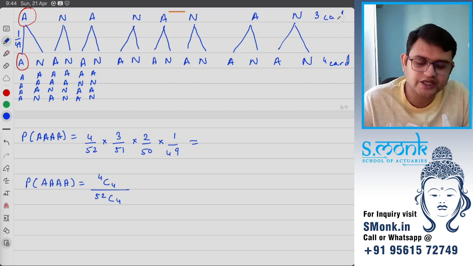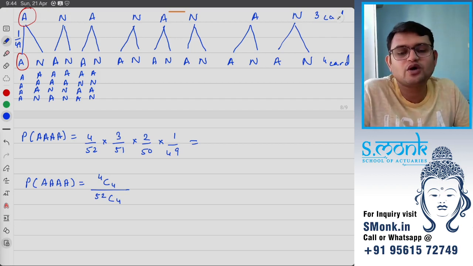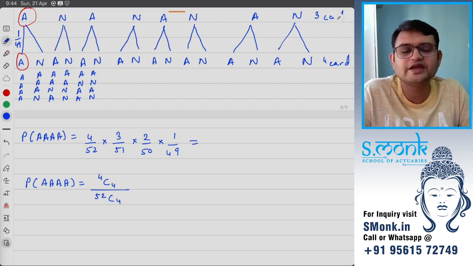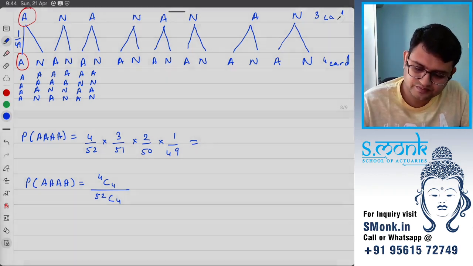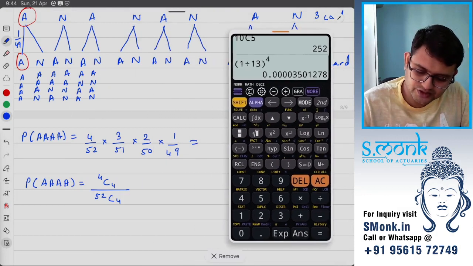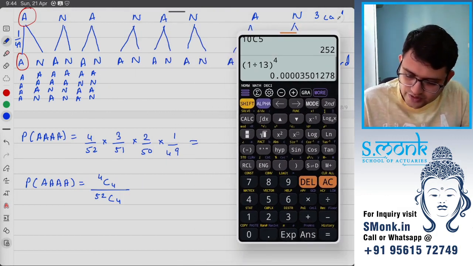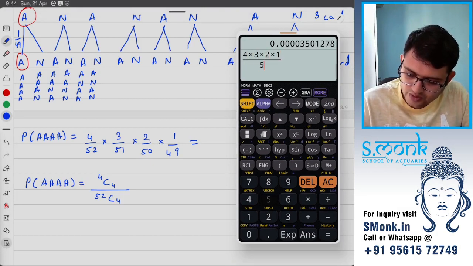You can use combinations to find the answers here. Let me show you this: 4 into 3 into 2 into 1 upon 52 into 51.